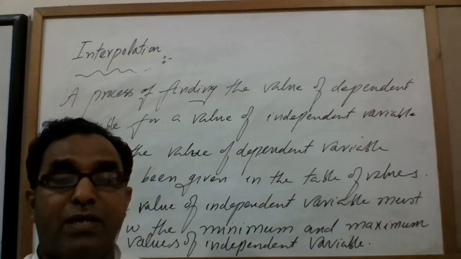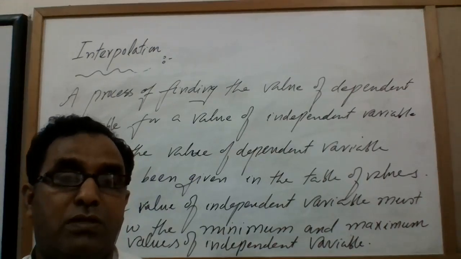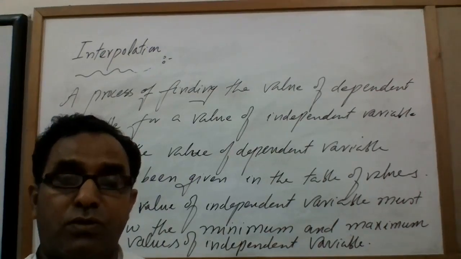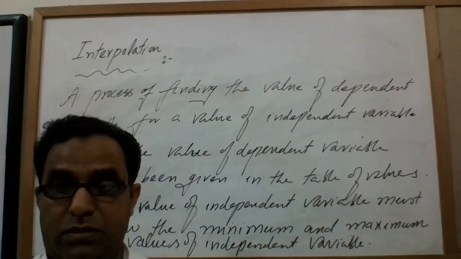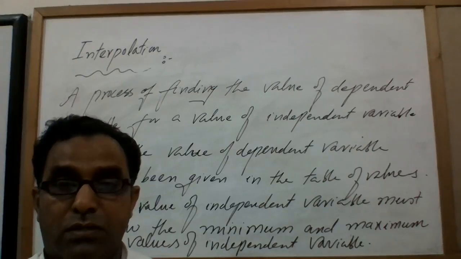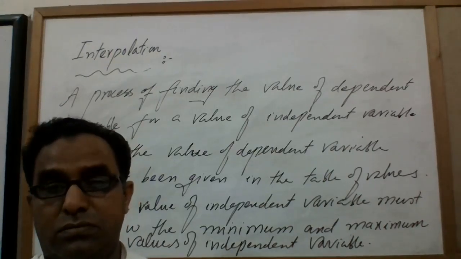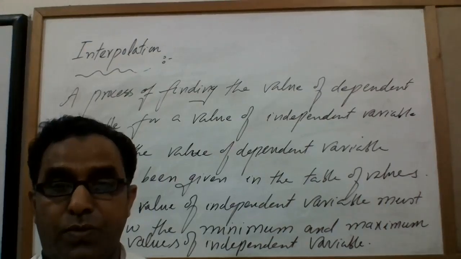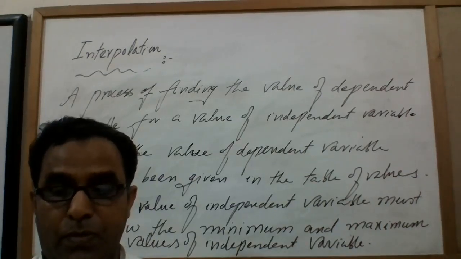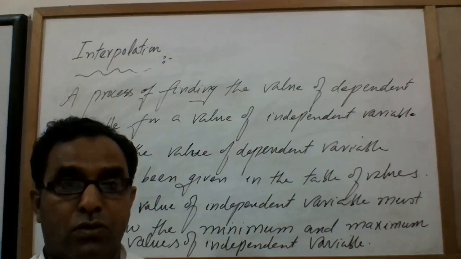So the value of independent variable for which you want to approximately find the value of dependent variable is called the interpolating value.